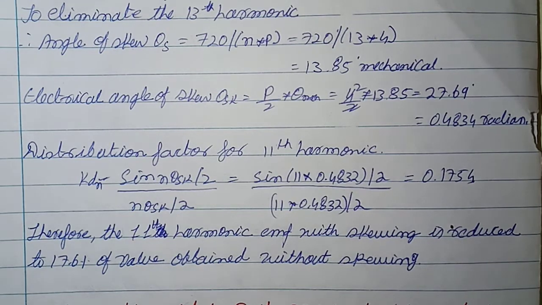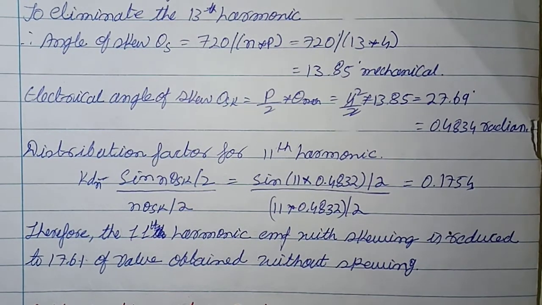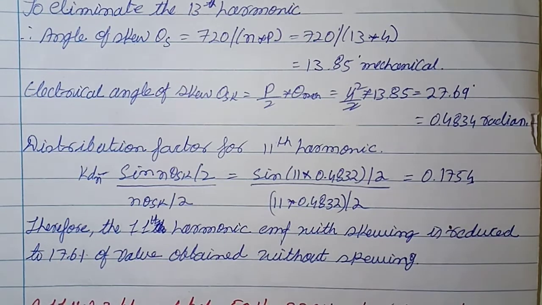The distribution factor for the 11th harmonic, KDN or KWN, is given by sin(n theta sk by 2) divided by (n theta sk by 2). So sin of 11 into 0.4832 by 2, divided by 11 into 0.4832 by 2, which comes to 0.1754.